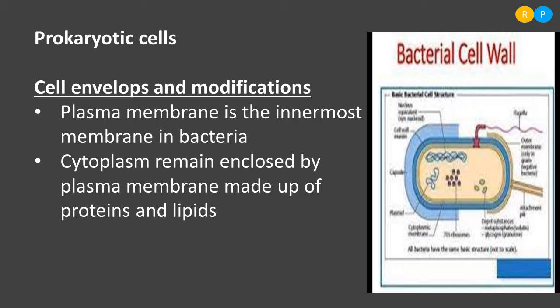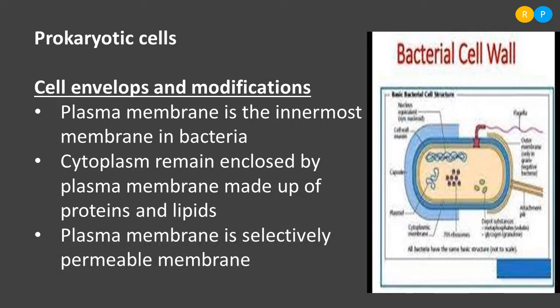Then what is the function of the plasma membrane? The plasma membrane acts as a selectively permeable membrane. Whatever things are required for the cell activity move inside, that means they enter into the cytoplasmic region with the help of the plasma membrane. It selectively absorbs material from outside and lets it into the inner region.